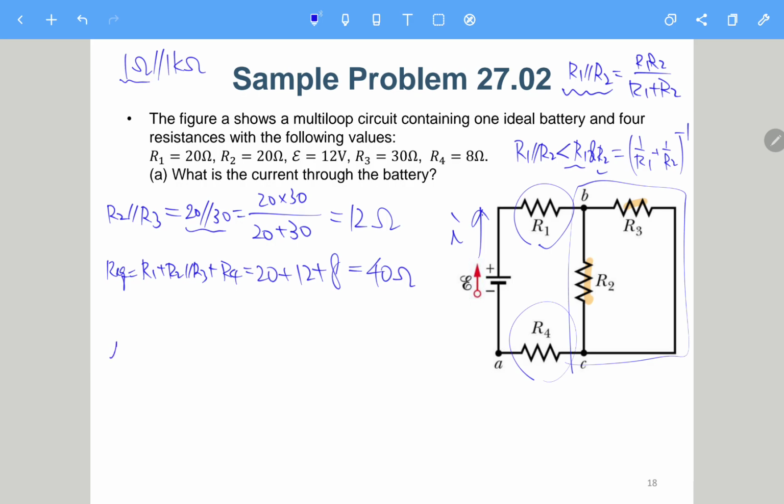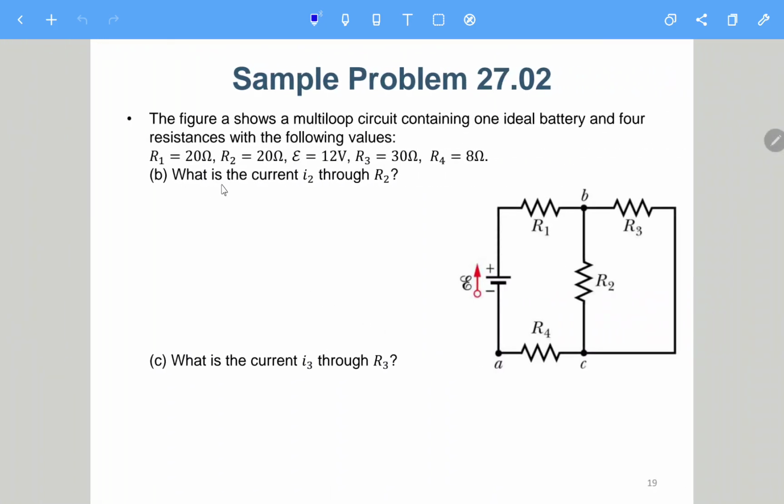So finally we can find I to be E over the whole REQ, which is 12 over 40. 12 over 40 is 0.3. So this is easy.